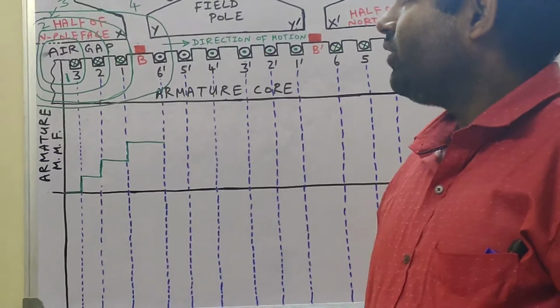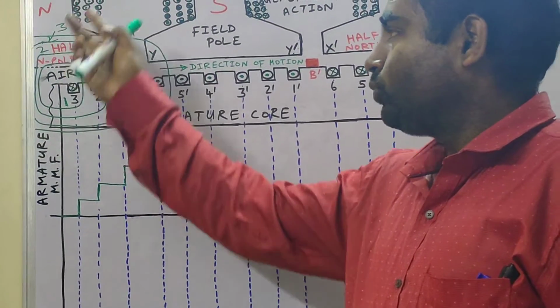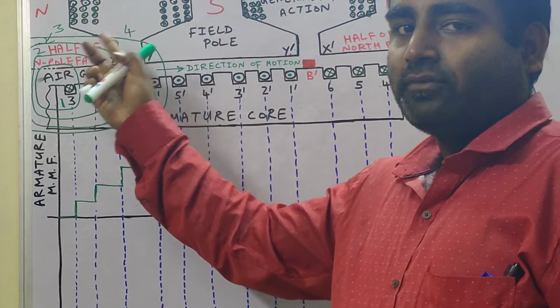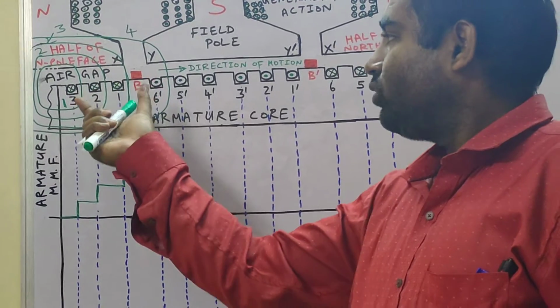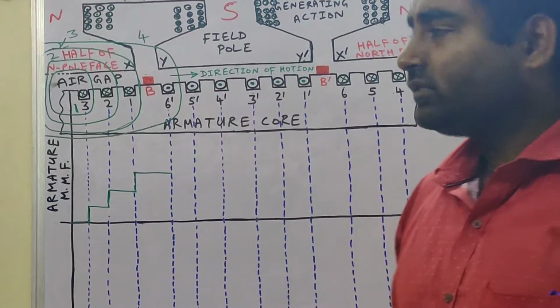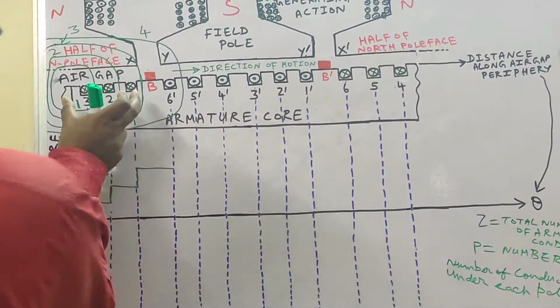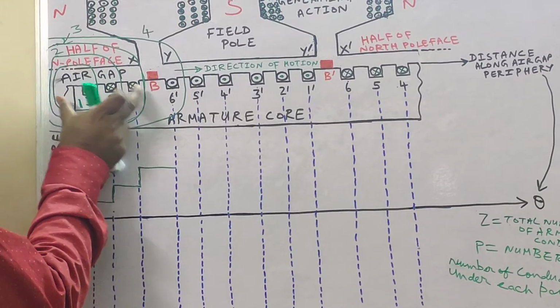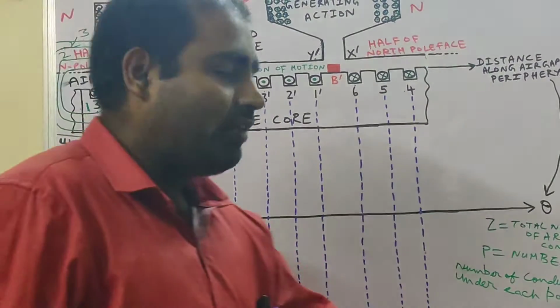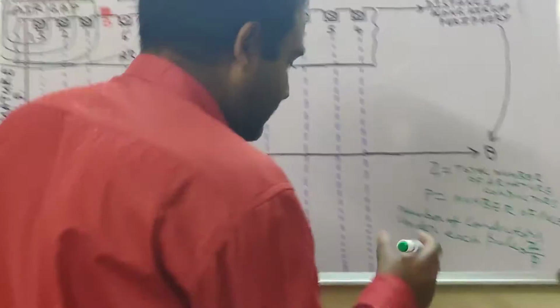Half pole face. So that means the number of conductors for these slots should be half of the conductors under each pole, that is Z by 2P.